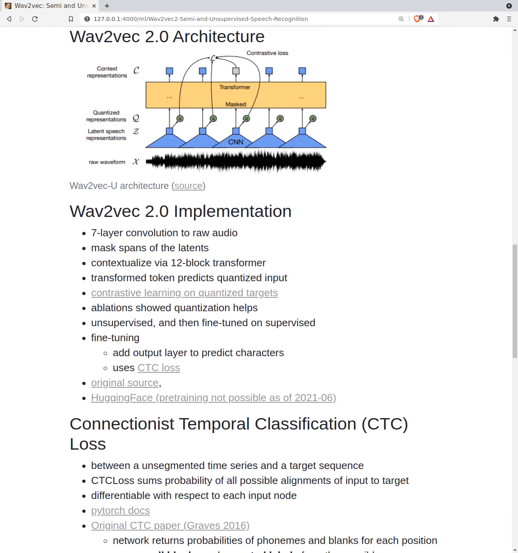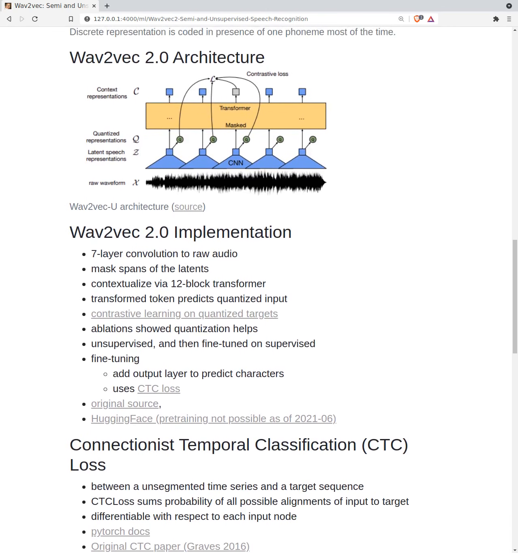All right, so how exactly does this architecture look? Well, it takes in the raw audio, right? We are doing speech recognition. It outputs a sequence. How does it work in between? So we take the raw waveform. We do convolution on top of that, with some overlapping kernel, and then we take the output and we quantize it, and we do this only at training time.